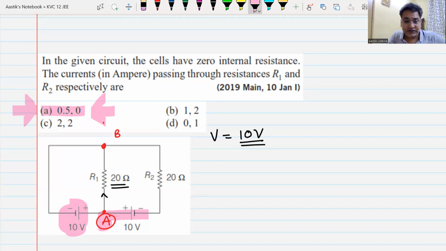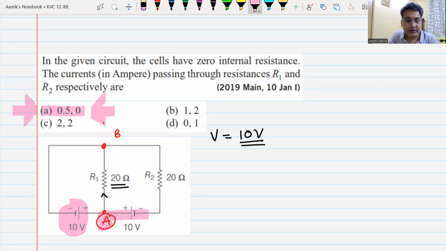And you might get such tricky circuits, because I see one more here from your previous year papers. And that will be the last question for today. I hope you can do this. If you can do this, that means everything that we have done today, you have understood. So this is the question.